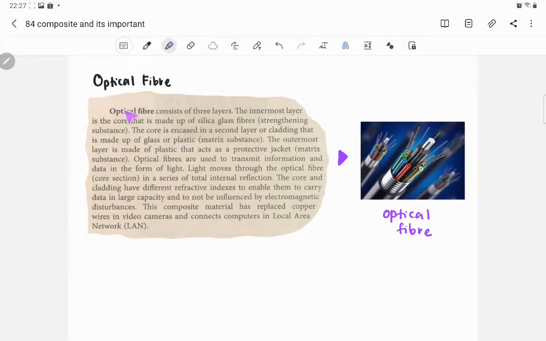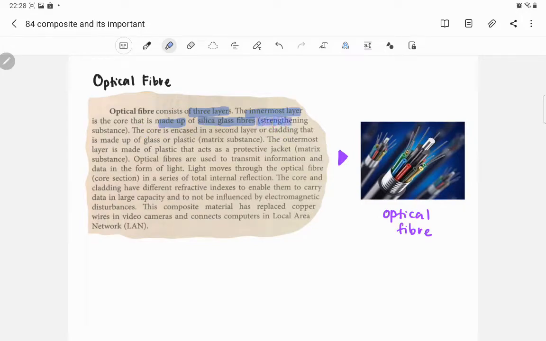Let's proceed with another composite material, which is optical fiber. Optical fiber consists of 3 layers. The innermost layer is the core, made up of silica glass fiber, which is the strengthening substance.